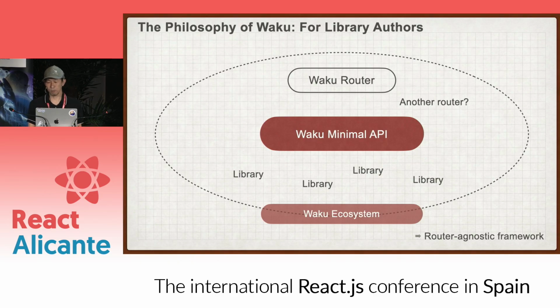This is interesting because that means we can build a different router if we want. In that sense, Waku is a router-agnostic framework. I hope this architecture with the minimal API helps grow an ecosystem. I believe this vision of a minimal, extensible core is what makes Waku unique.